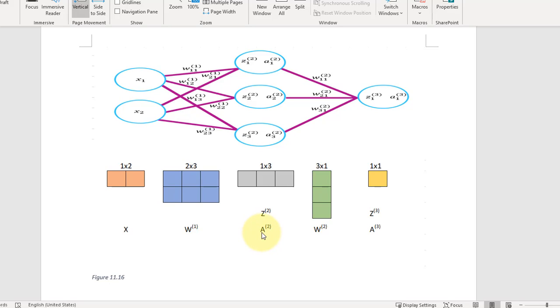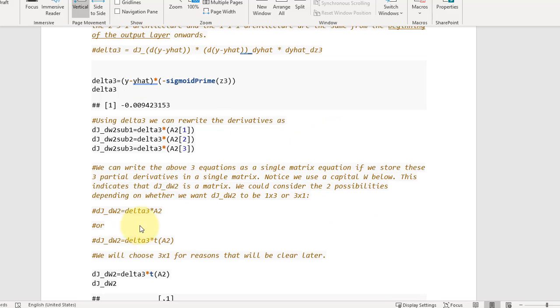We can still scalar multiply the transpose by a scalar, no problem. So we could do it either way. It's still going to contain the right information. It's just that, do we want it to be 1 by 3, or do we want it to be 3 by 1? So if we leave it just like this, then the derivative will be a 1 by 3.